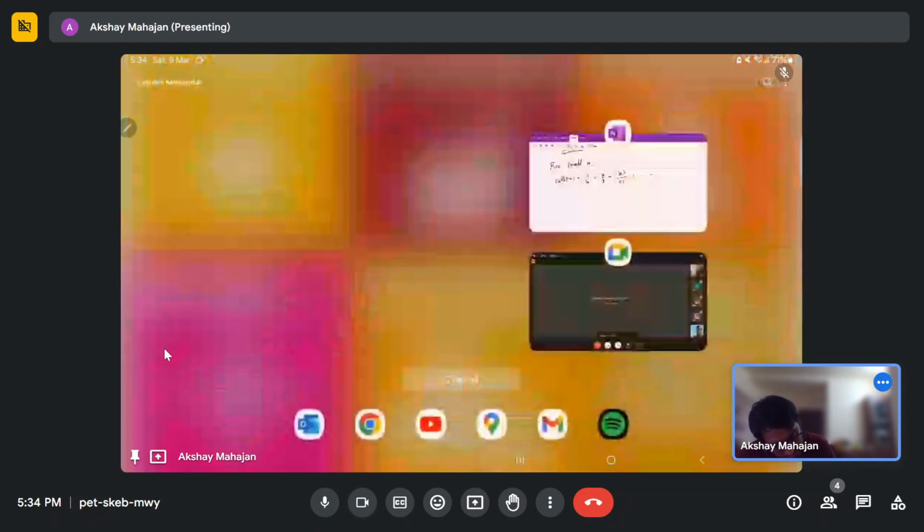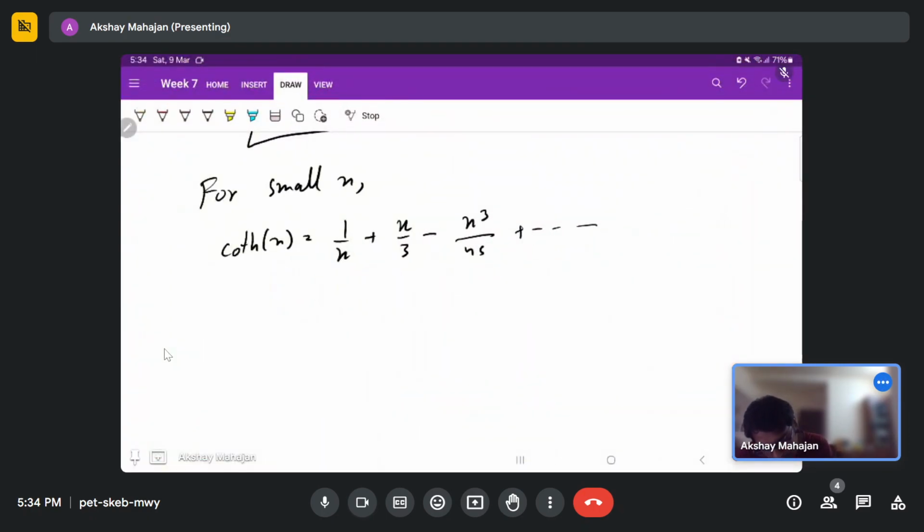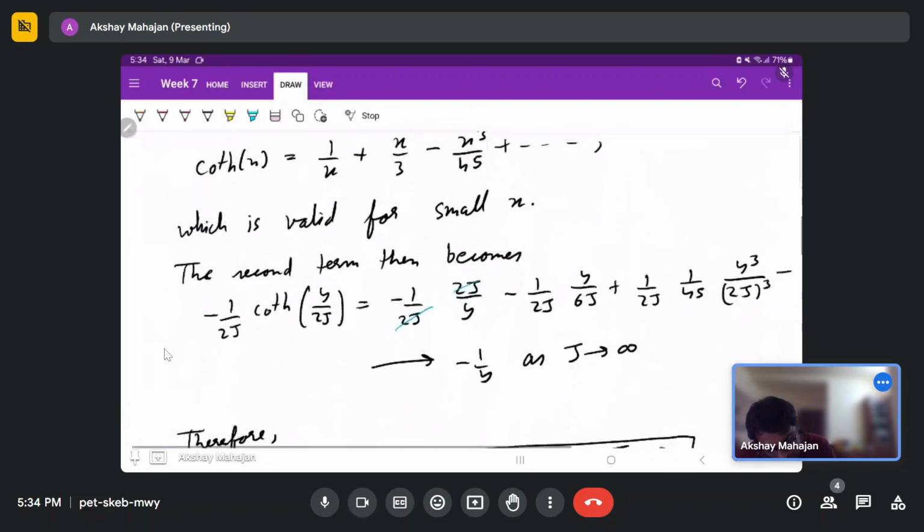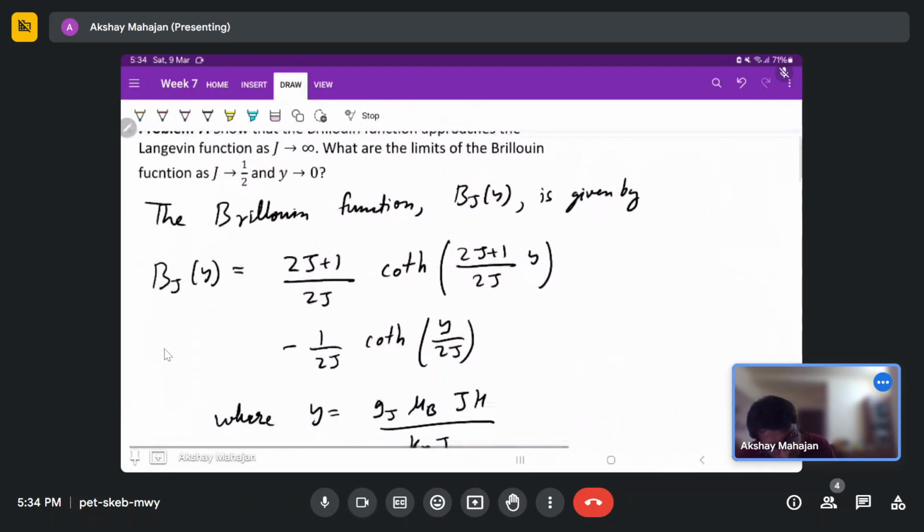Right, so what we have in the b_j of y formula is coth. In the b_j of y function formula we have (2j+1)y upon 2j, and as y tends to 0, this is a very small value.